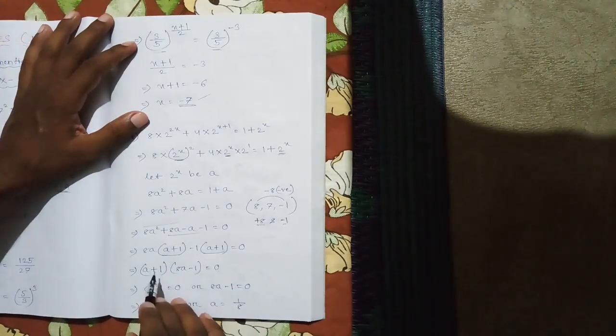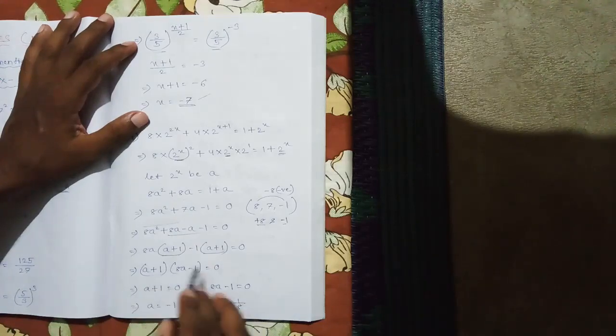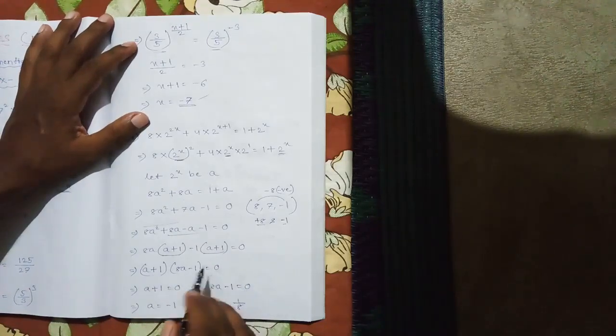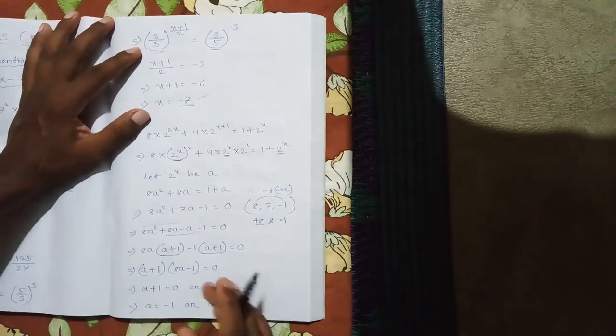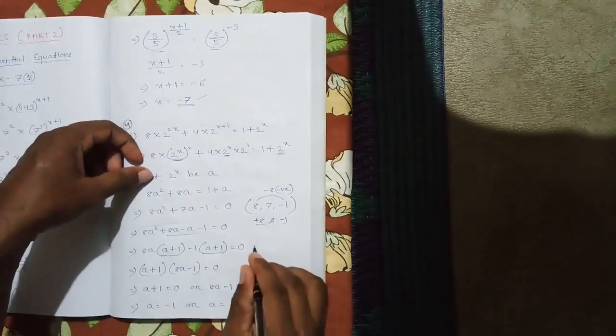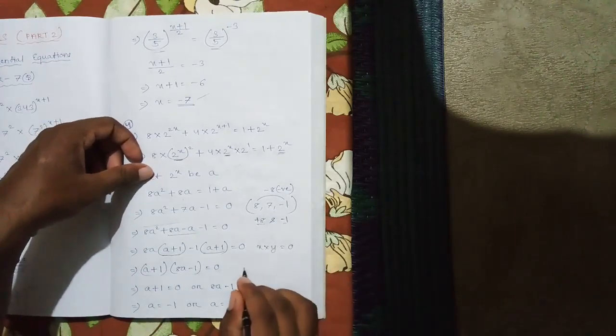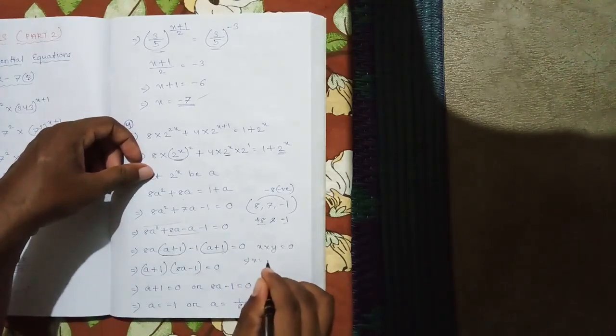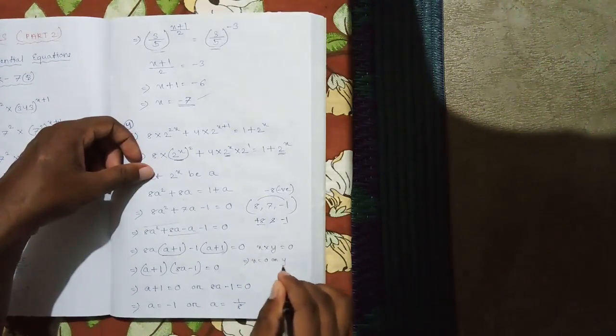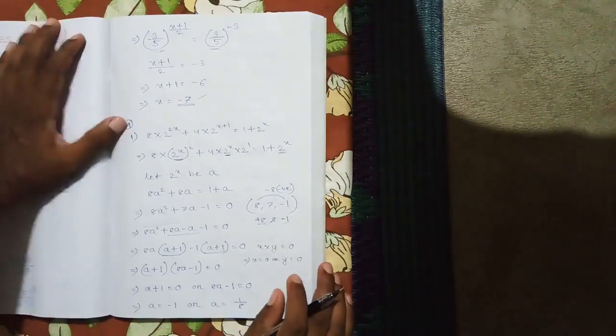Now it is in the form of a into b is equal to 0, or x into y is equal to 0. Okay, so remember this, if x into y is equal to 0, then x is equal to 0 or y is equal to 0.